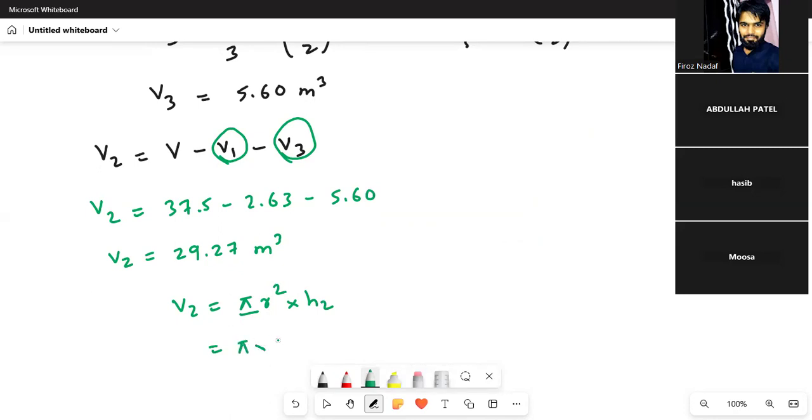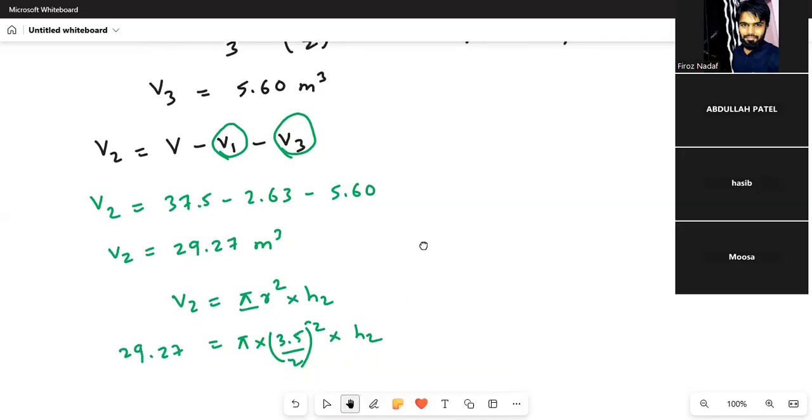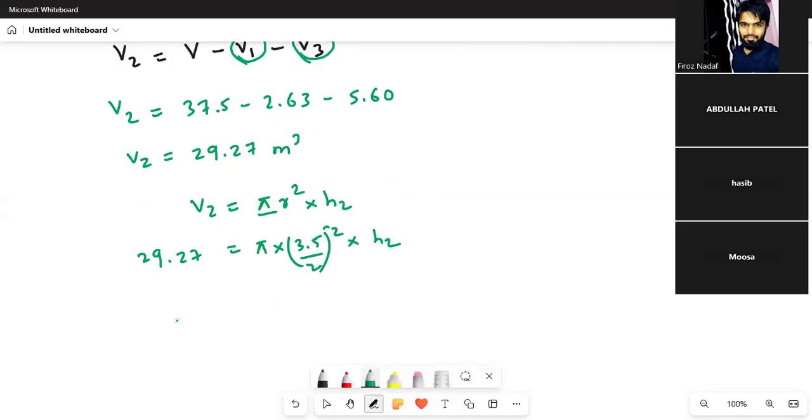Pi into r square is 3.5 divided by 2 whole square into H2. And what is V2? V2 is 29.27. So by equating this, you will get H2 equal to 3.04, and you can take up to 3.1 meter. You have increased the value of V2.